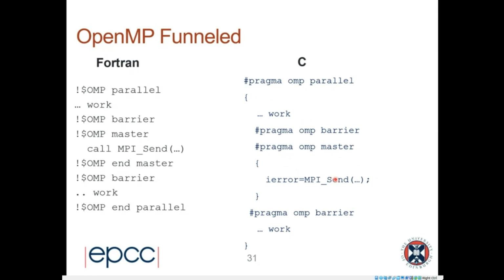Without the barrier, the master could send incomplete work, and you need a barrier afterwards because the other threads presumably need to receive some data, and to make sure that a thread doesn't alter this data while it's being sent. So as well as other threads being able to modify before the send, without this barrier, other threads could modify after the send, while the send is going on.